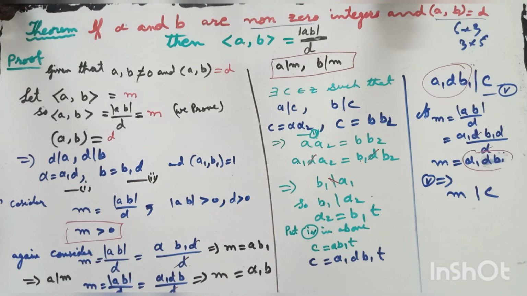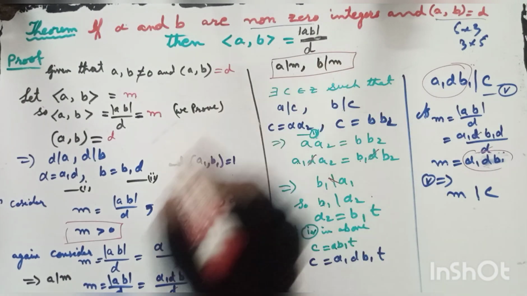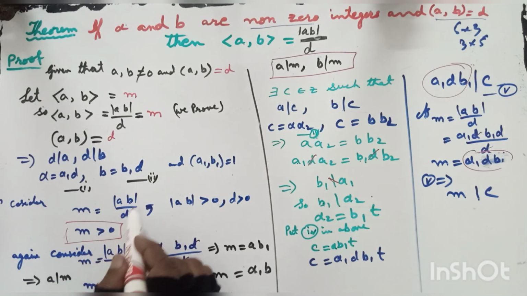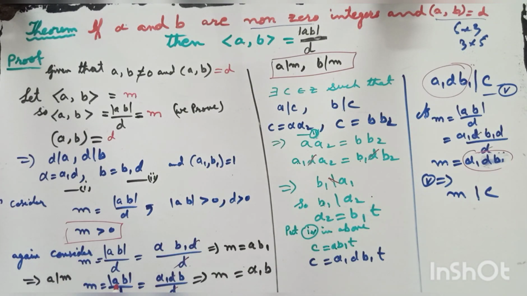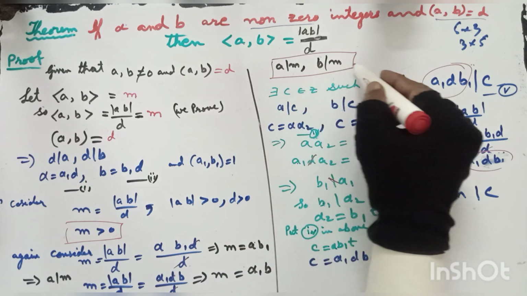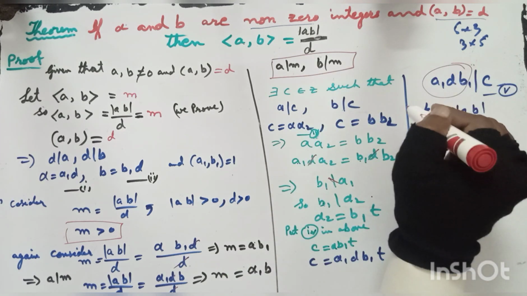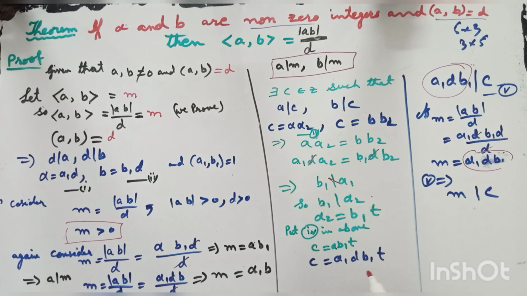For the second condition, we again consider this expression and first plug in the value of A1, then the value of B1. From there, A divides M and B divides M. I prove this. And for the third condition, what is the third condition?